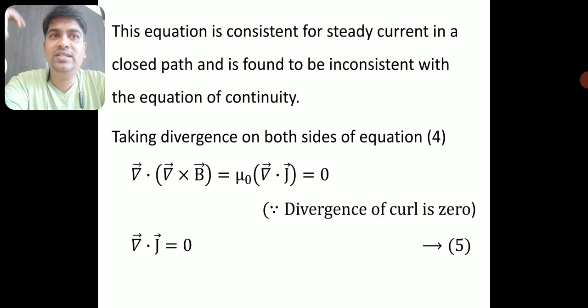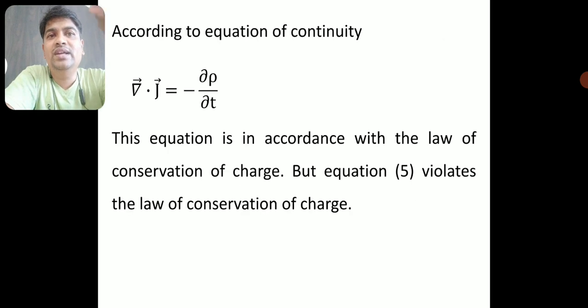It clearly shows that equation 4 is inconsistent with the equation of continuity, because if I take a divergence, finally div dot J becomes 0, but that will not happen according to the equation of continuity. The div dot J will be minus dou rho by dou t.